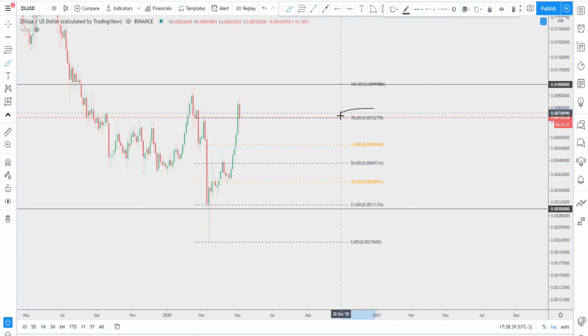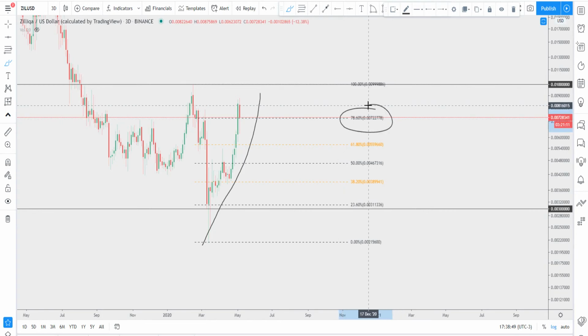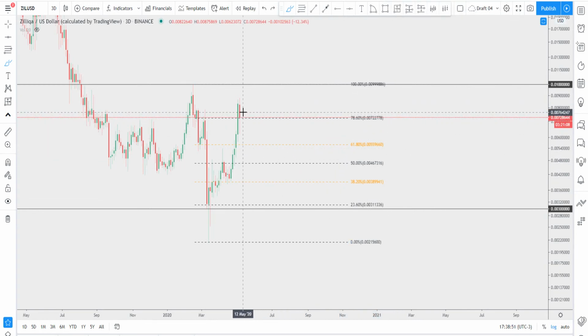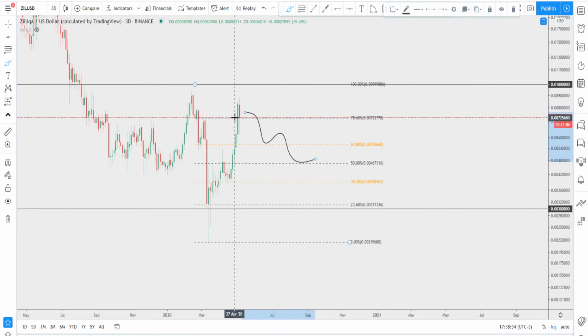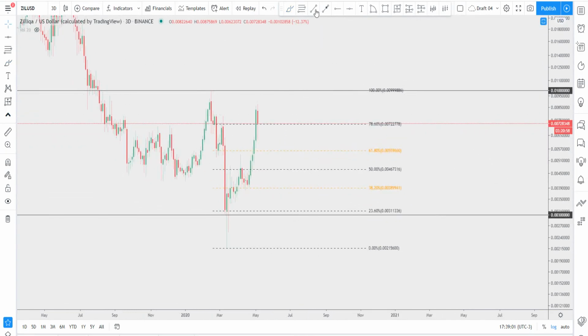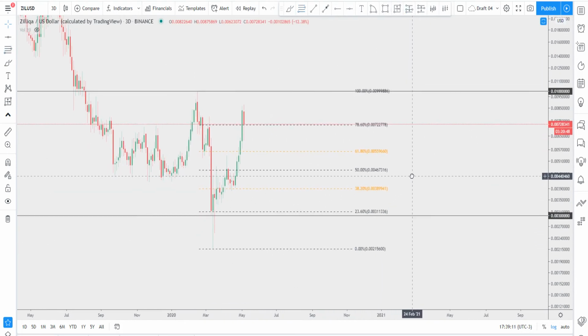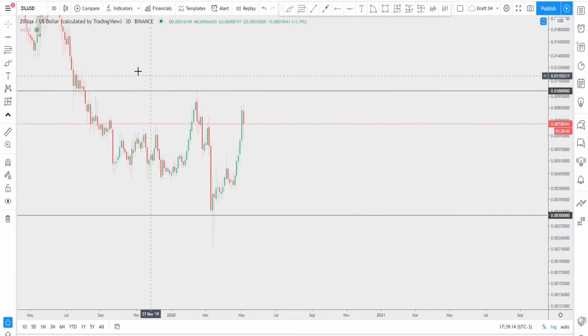Just because we have a support here, it doesn't mean it will hold, okay, because we had all this move here, and this level is not enough for a proper pullback or correction or whatever, okay. So in my opinion, it's not a place for the bulls, and we don't have anything clear here despite our bullish confluence, but okay, let's keep going.